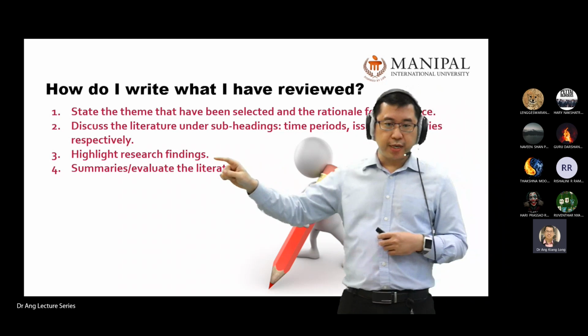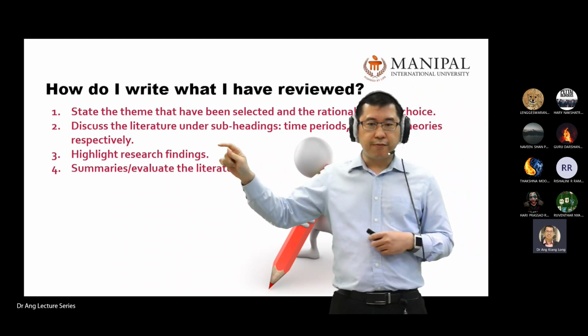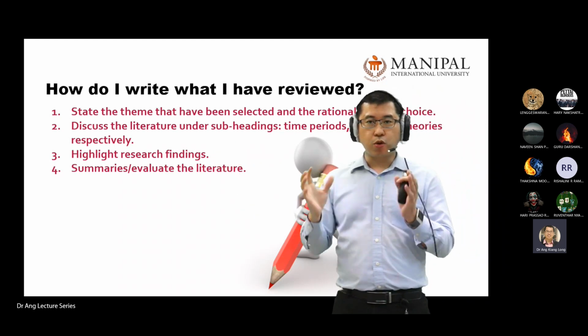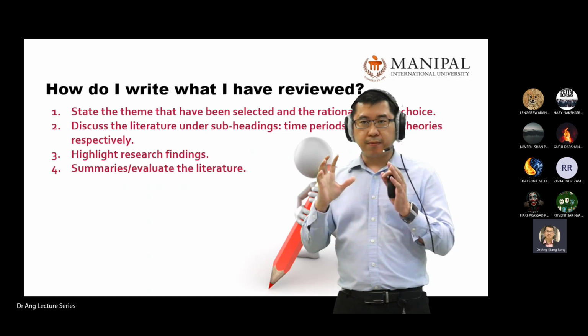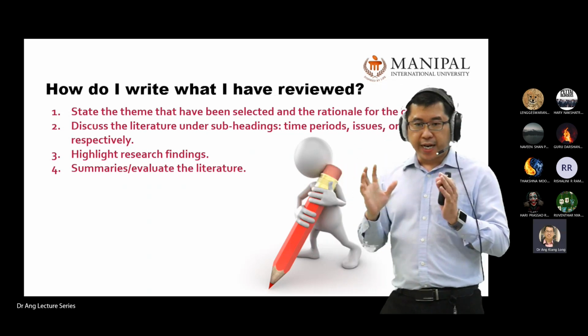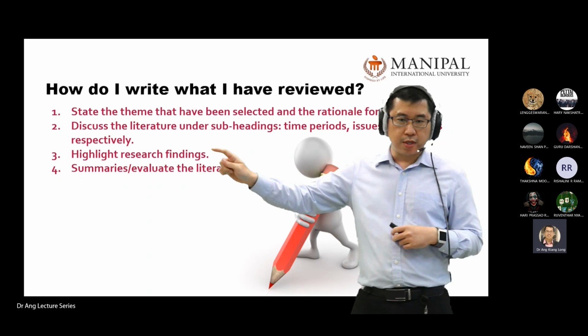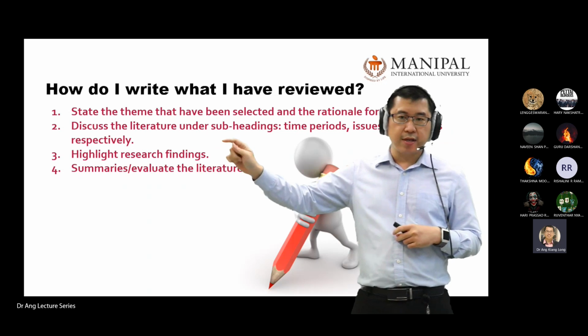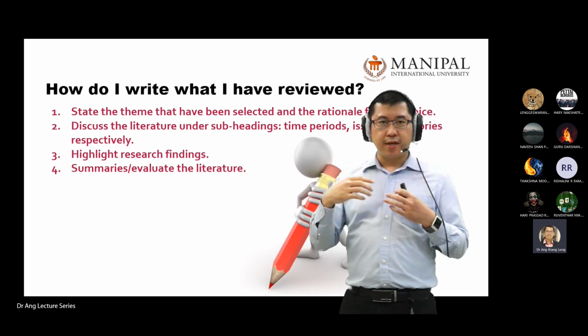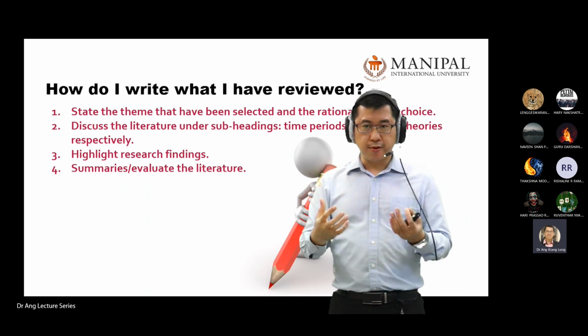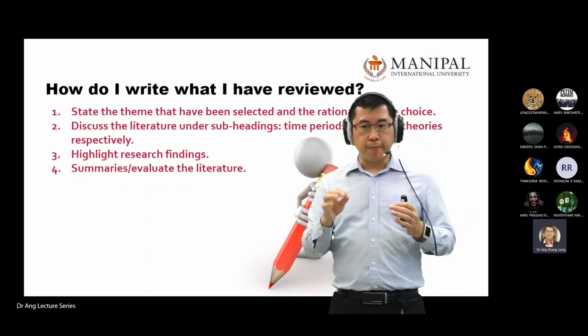So you read, find out what the author found, what is the conclusion, what is the finding of the author. So this is how you write it, and once you read it, you understand what the author tried to tell, and then you put in your comment.